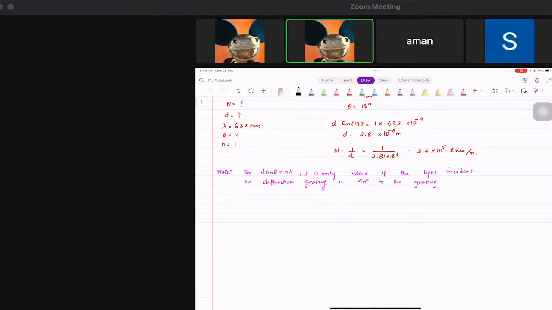First thing is multiple lights incident on a diffraction grating.